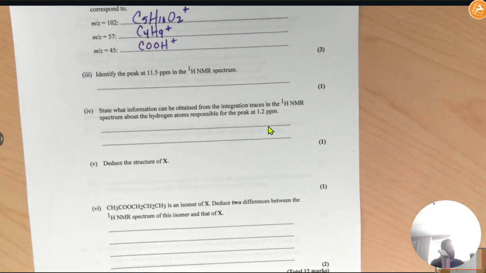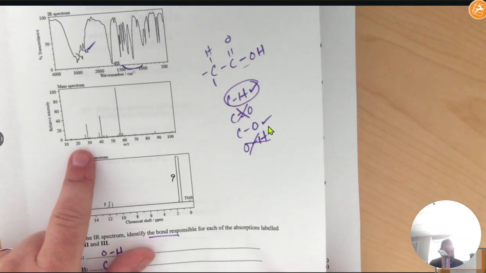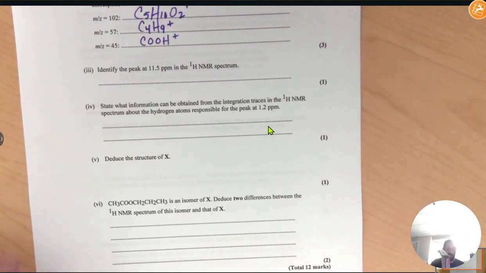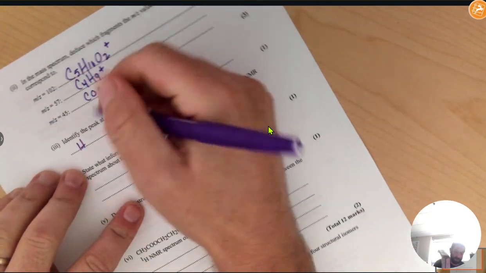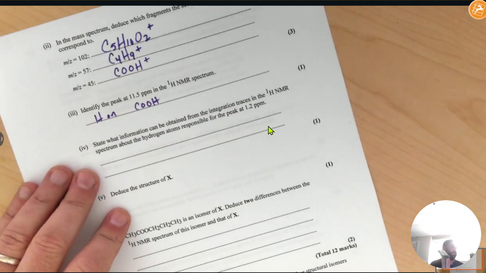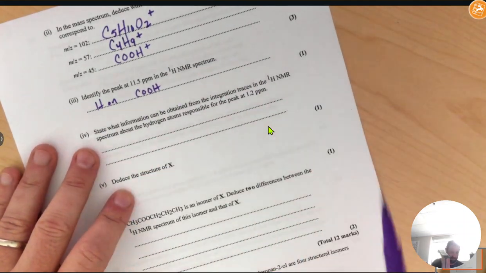Because I'm given the NMR. There's the peak at 11.5. There's only 1 hydrogen in that environment, so it must be the hydrogen on the carboxyl group. You can just write, it's the hydrogen on the carboxyl group. You can write out carboxyl group, or just write its formula, that's fine.